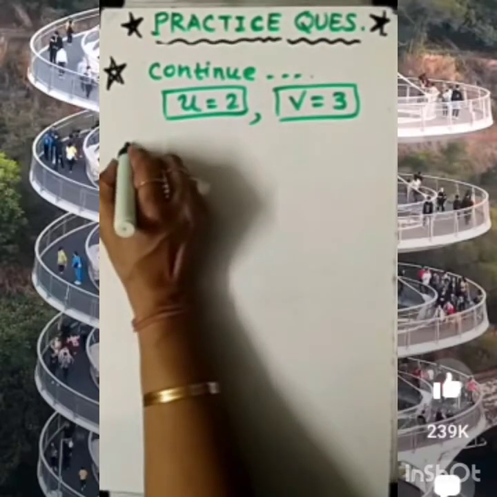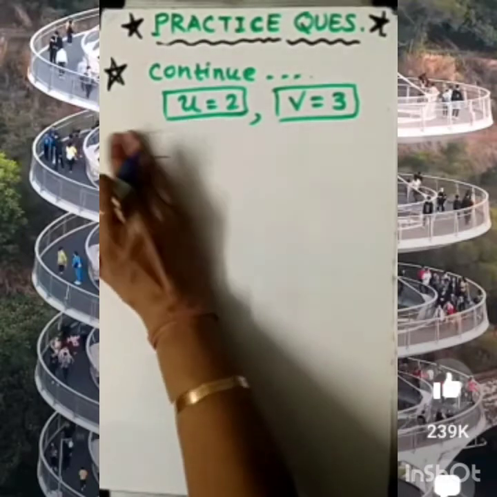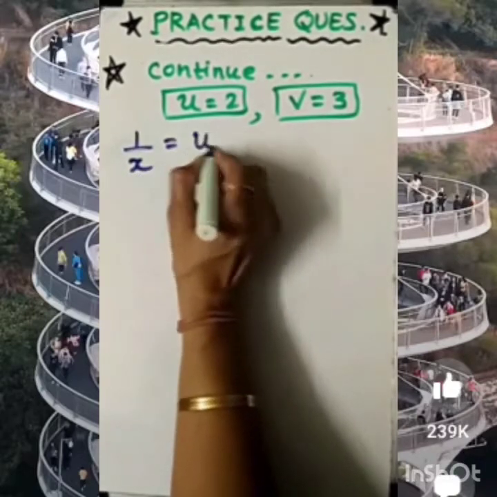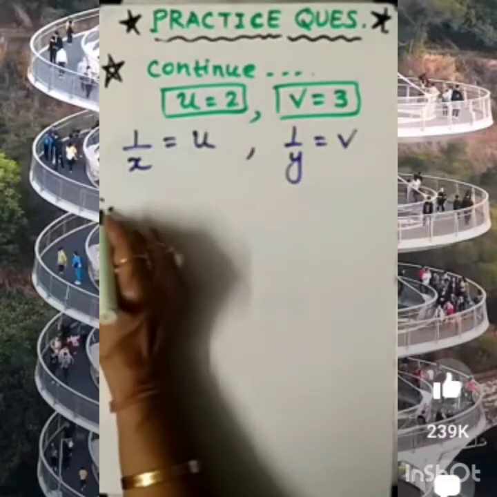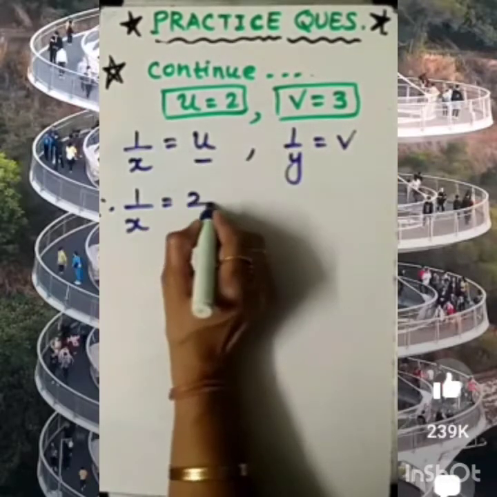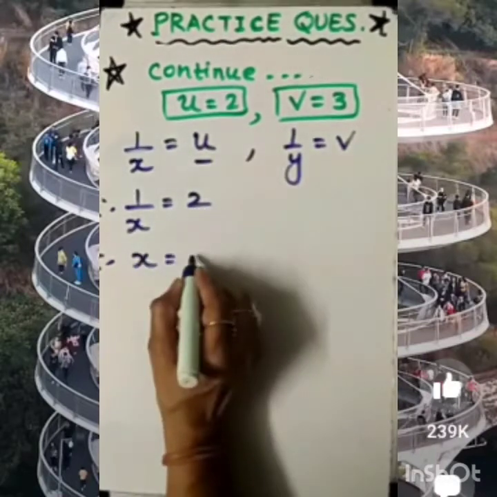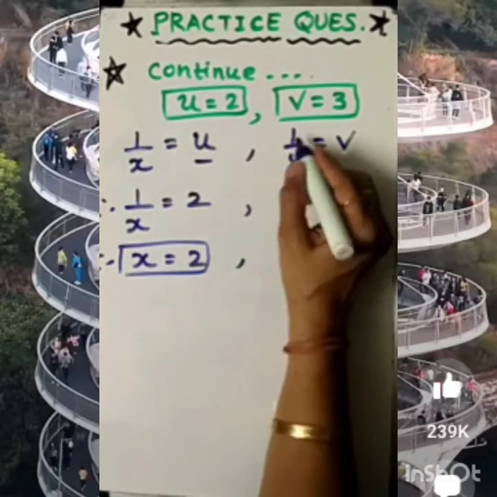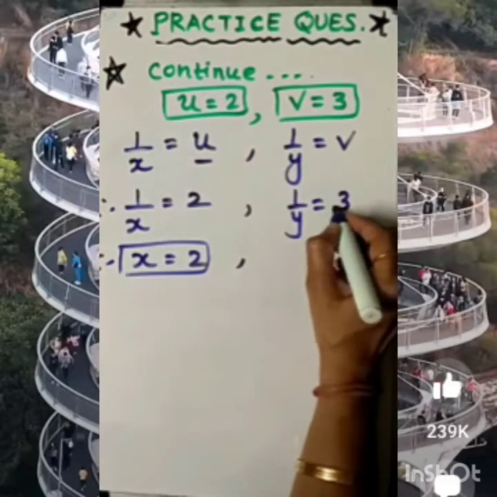So I am mentioning 1 upon x equal to u and 1 upon y equal to v. Therefore, I am putting the value of u here, that is 2. Therefore, 1 upon x equal to 2, then by cross multiplication, x will be 1 by 2. And here 1 upon y equal to v, so 1 upon y equal to 3.